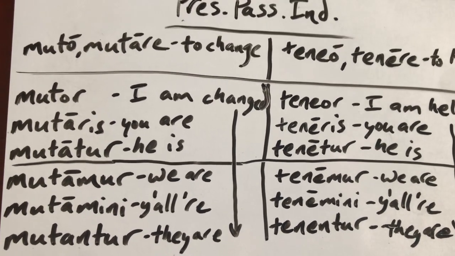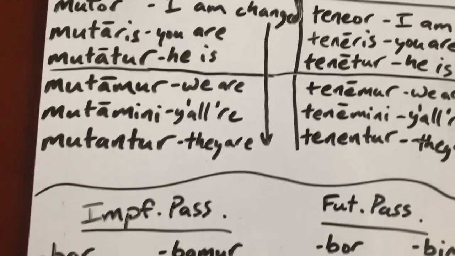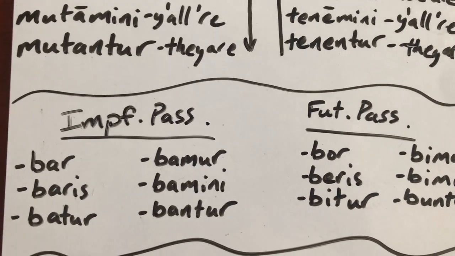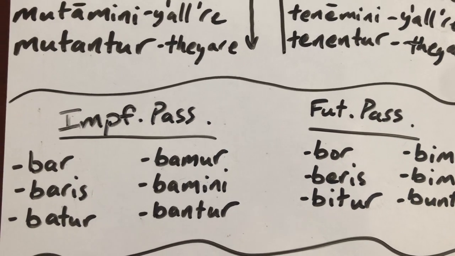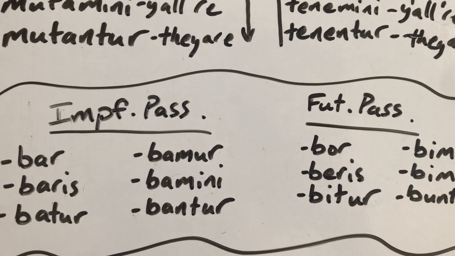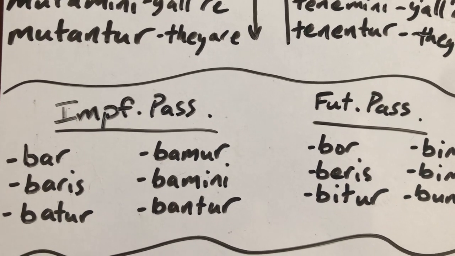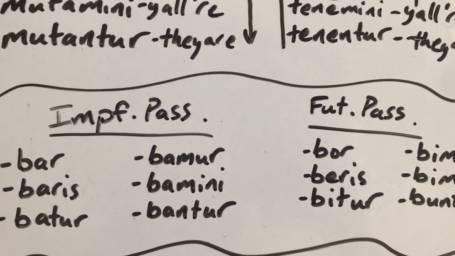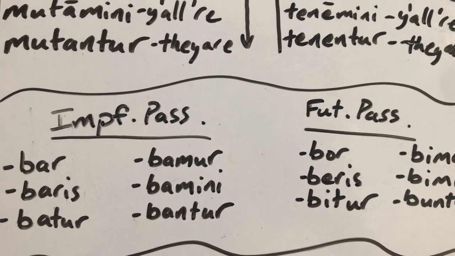All right, and then as a quick review, this is how you do the imperfect and the future. For both of these, you take the stem of the verb. For the imperfect, you add bar, baris, batur, bamur, bamini, bantur. So that BA and then the passive endings.